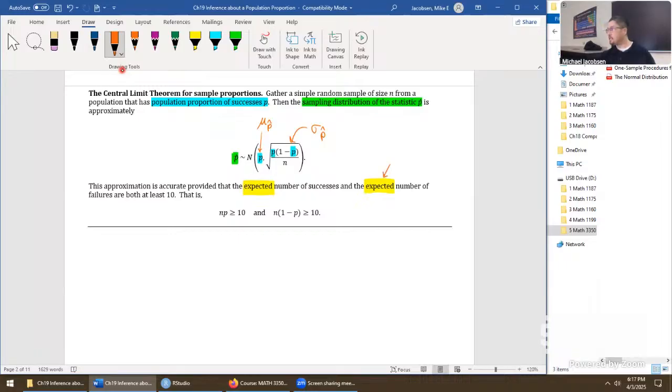expected number of successes is the successes we expect for some given value of P. It's where statistics gets kind of confusing because we've been constantly saying parameters are unknown.